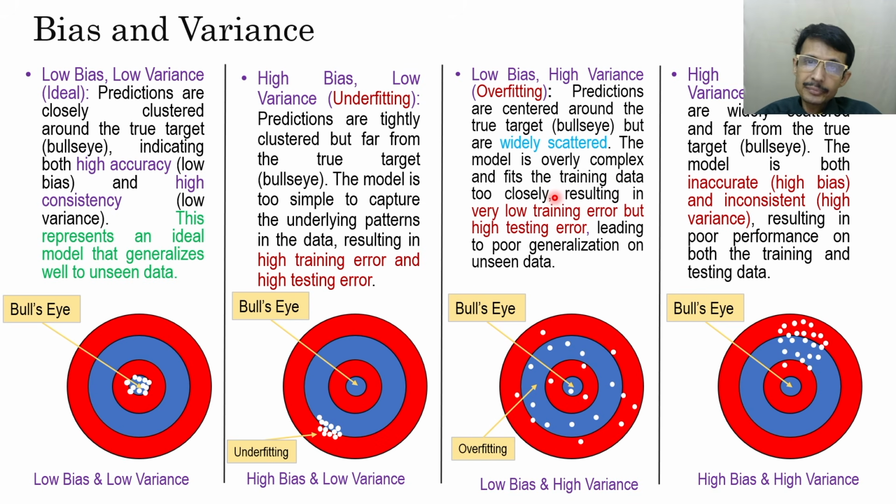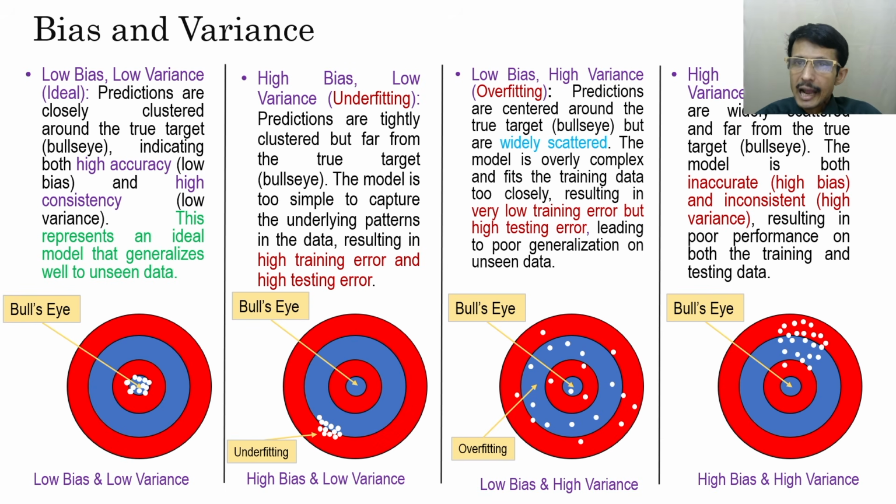It even models the noisy data samples in the training samples, resulting in very low training error but high testing error. So it loses generalization, leading to poor generalization, and this is called overfitting. Low bias, high variance is important to remember.